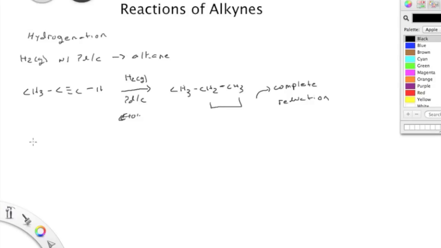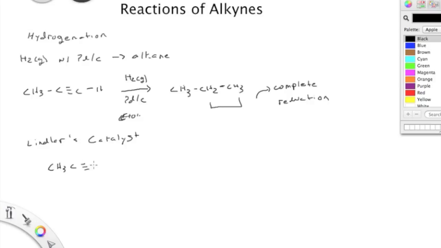So the way to do this to get to the alkene is to use what is called Lindlar's catalyst. And when you use Lindlar's catalyst, you simply just want to write your compound.